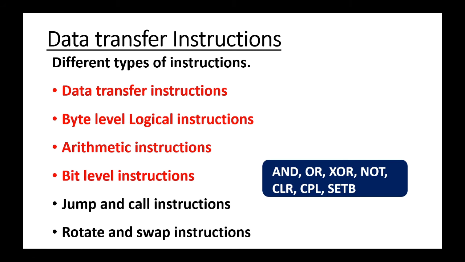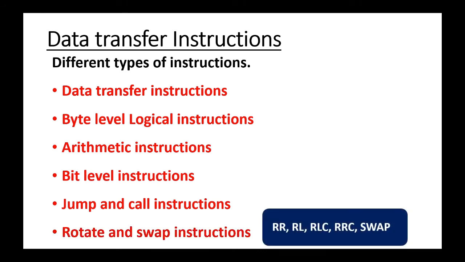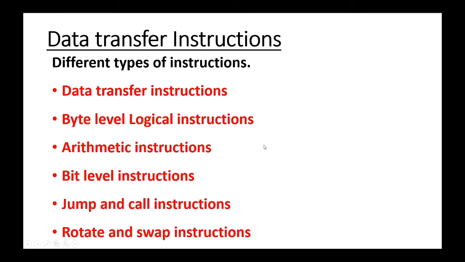These include AND, OR, XOR, NOT, complement, clear and set B. Then there are call, unconditional jump, conditional jump, and then rotate left and right, with and without carry, and swap instructions. Now first we'll be focusing on the data transfer instructions.